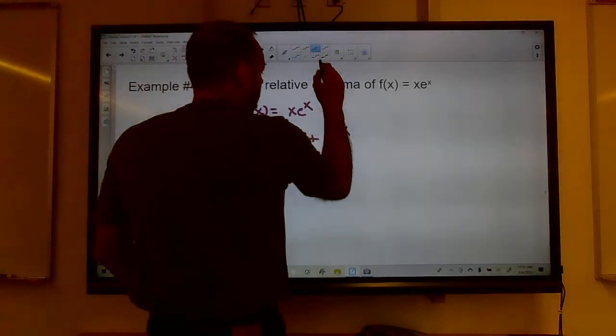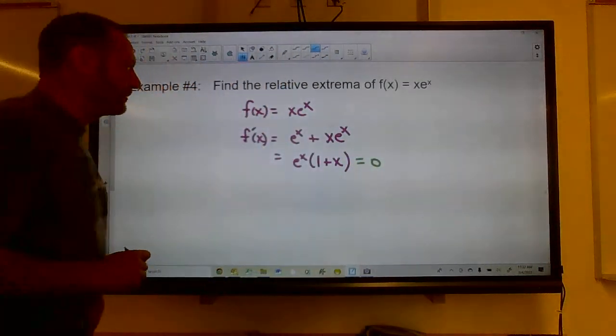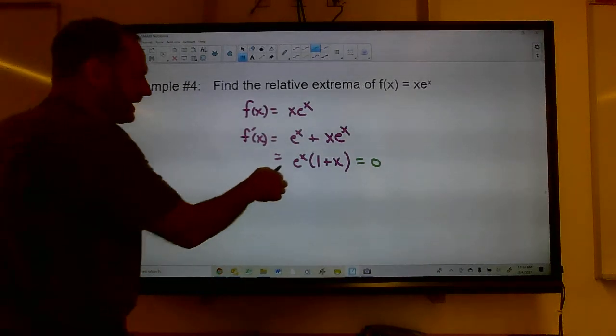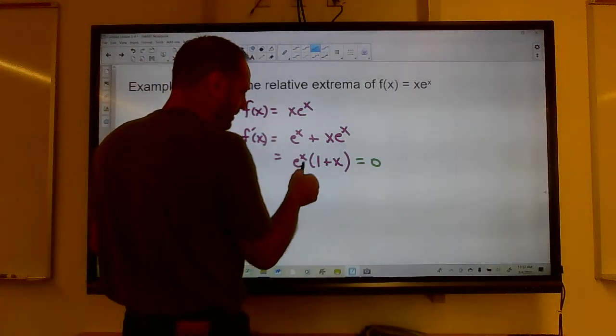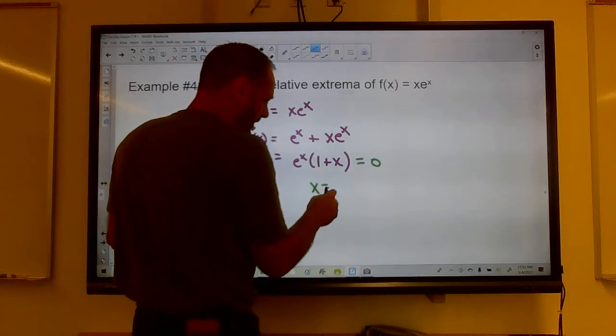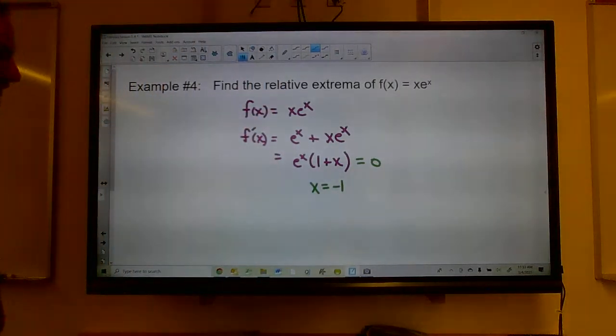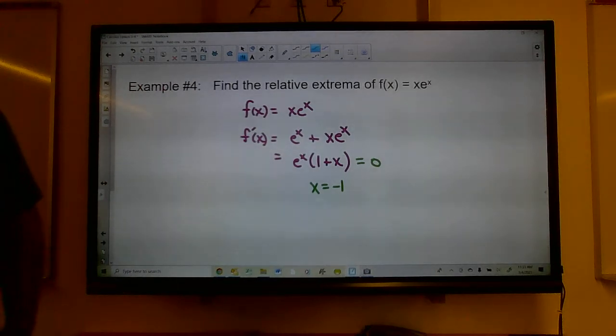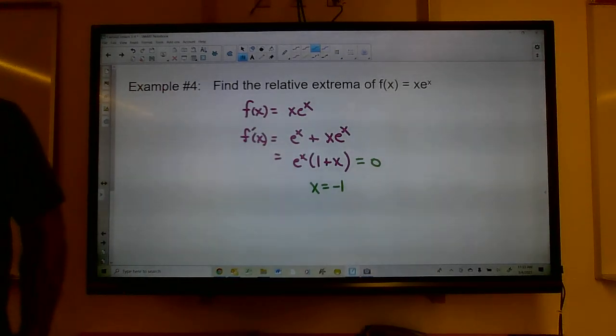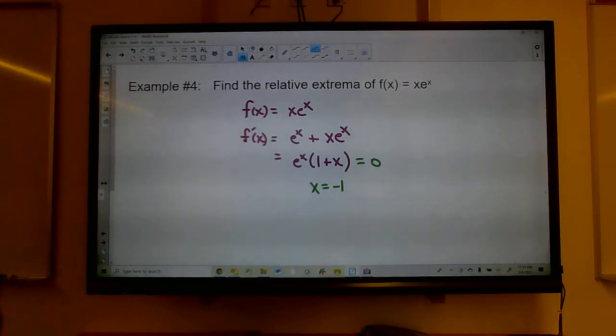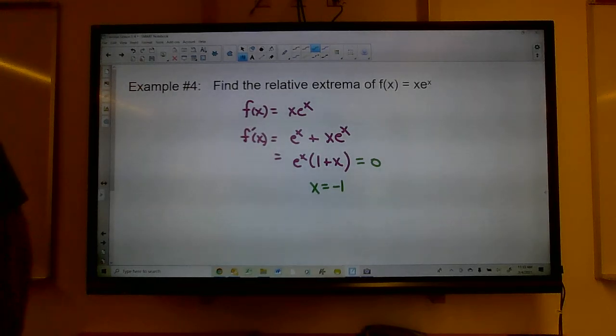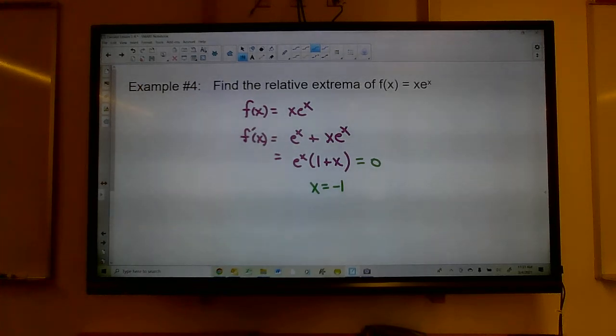And then we want to set that equal to 0 to determine where the relative extrema are. Now, e to the x is never equal to 0, so I don't have to worry about this, but this is equal to 0 at x equals -1. So I have a relative extrema at -1. Now I can do the first derivative test on this thing, and I can tell that that thing's going to be a minimum.